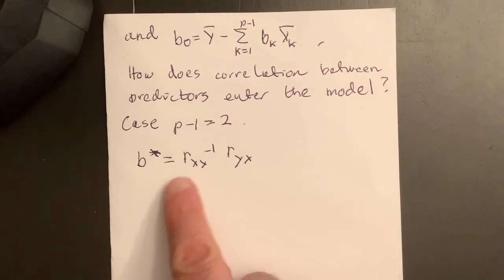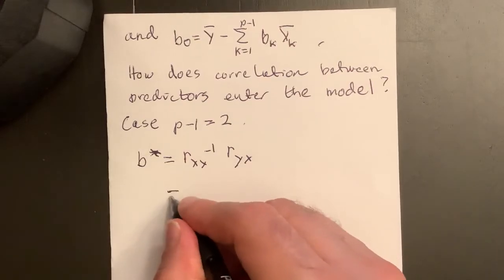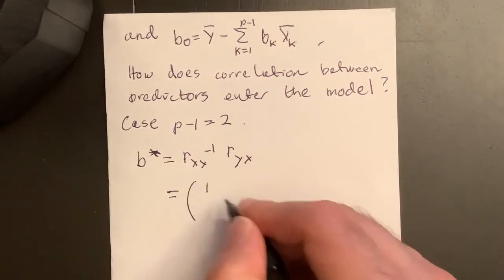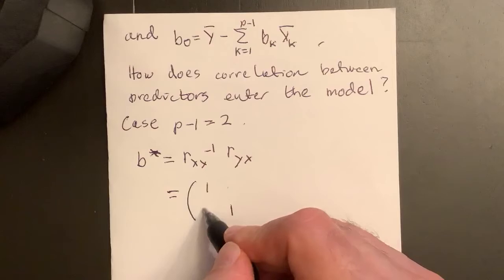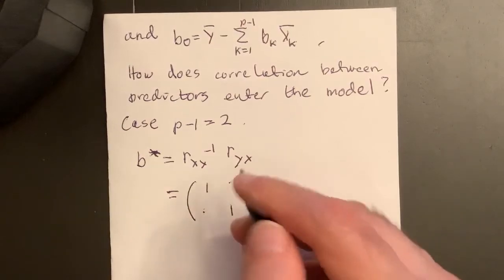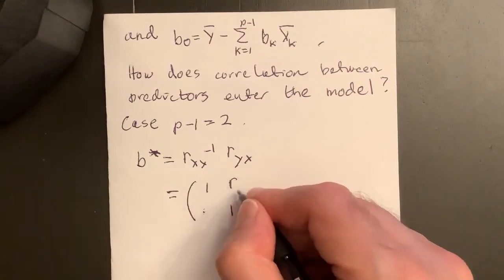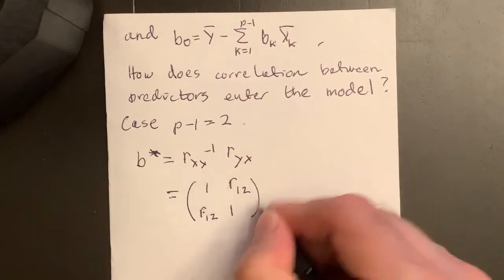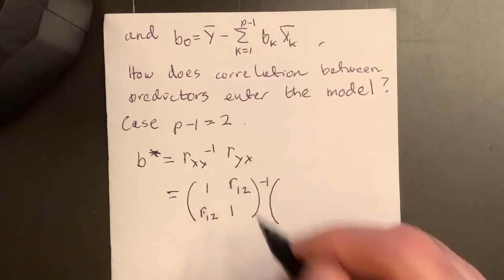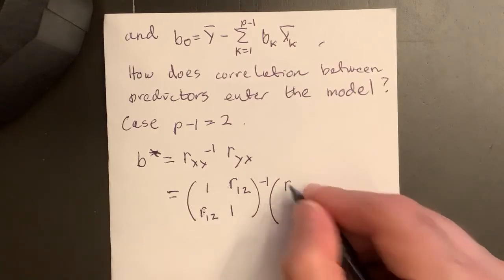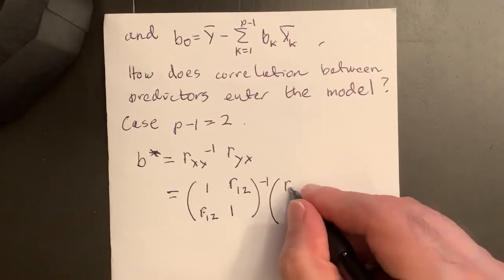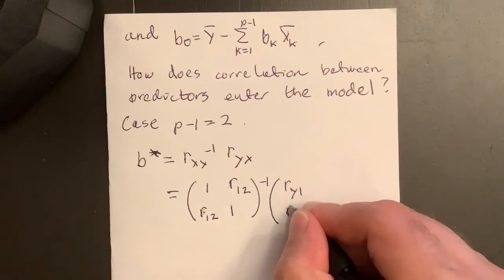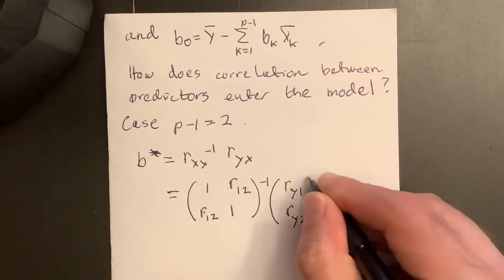So here I can write R_xx as the matrix with 1, 1 on the diagonal, and r12 off the diagonal, which is just the coefficient of simple correlation between the first predictor and the second predictor. This vector here is just the coefficient of simple correlation between y and x1 and y and x2.